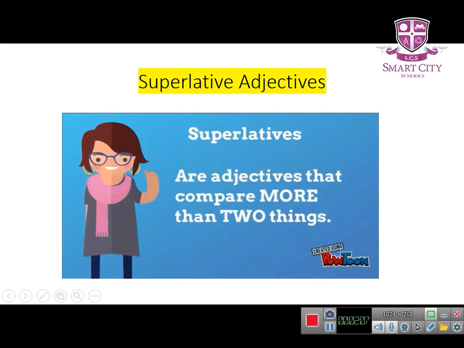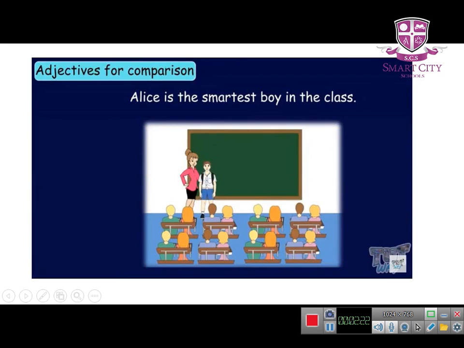Okay, and now the superlative adjectives. These are used to compare one noun to many nouns. Listen to this example. Alice is the smartest boy in the class. Who can tell me?